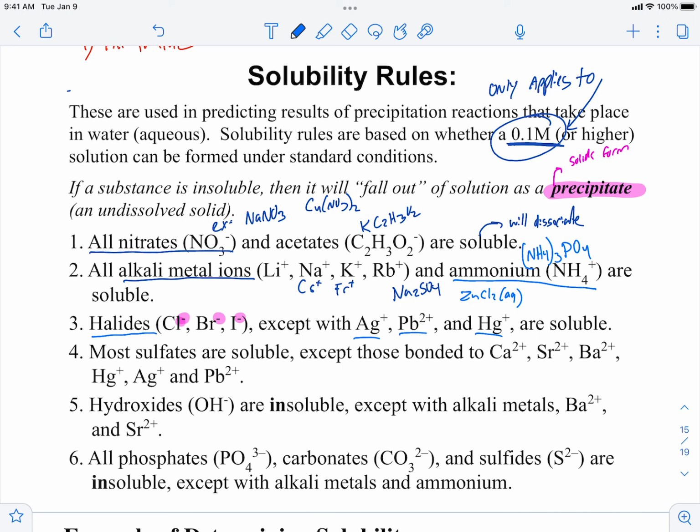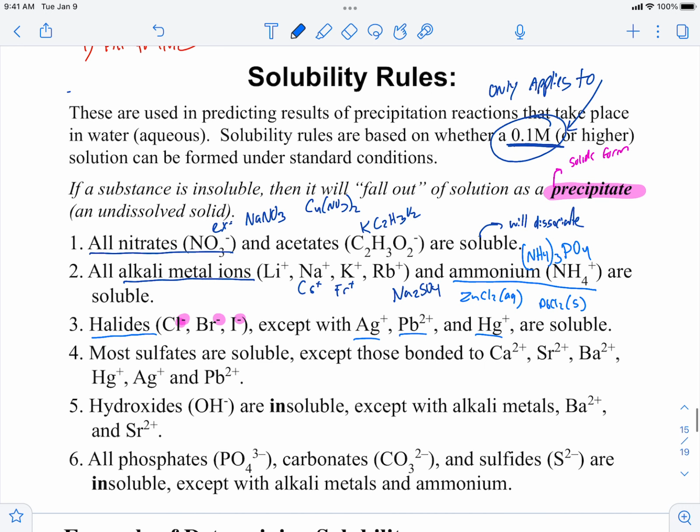Remember, aqueous means dissolved. It's soluble, it's dissolved. But lead chloride is not. Because it is not soluble, it ends up precipitating into solid chunks, and that's why we use the S symbol here. When you see S, that means solids form, which means it's insoluble.